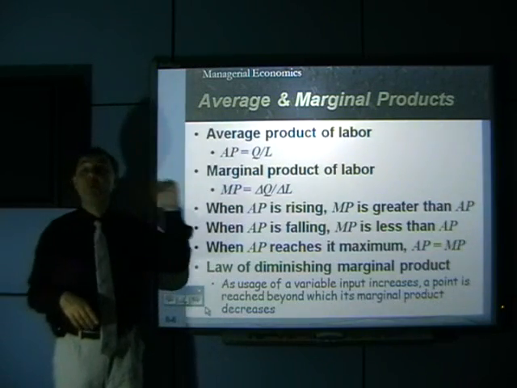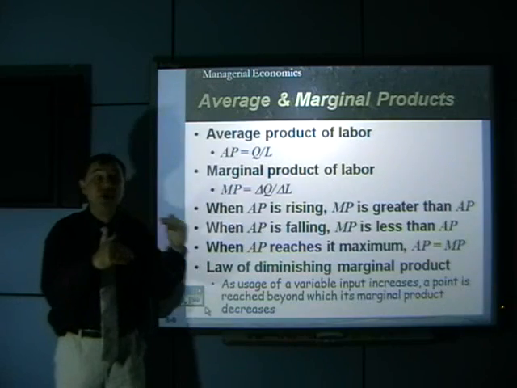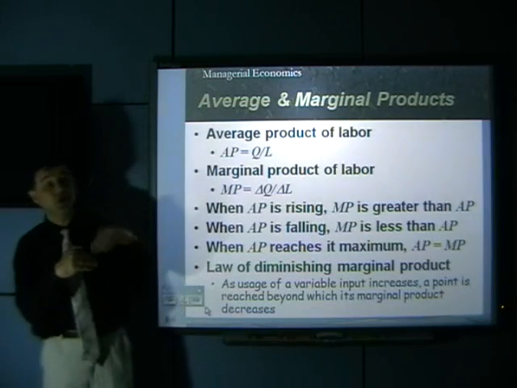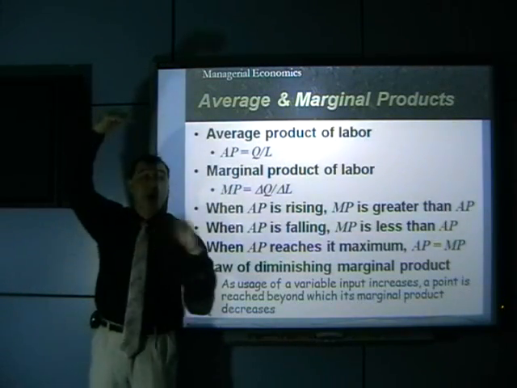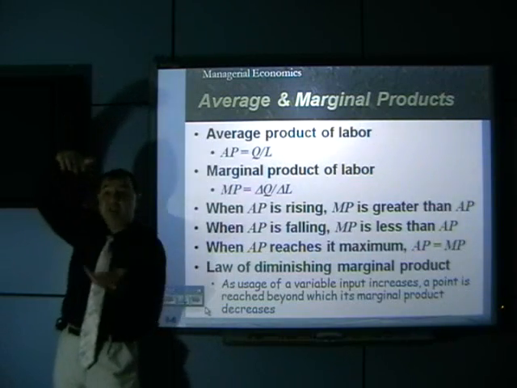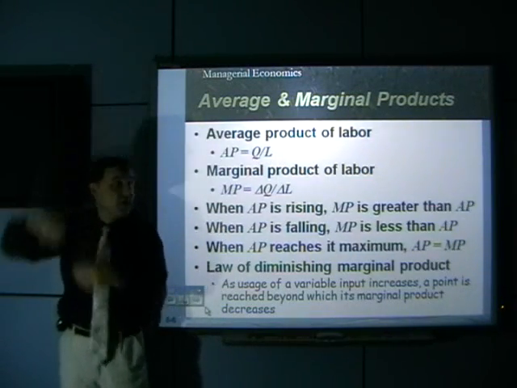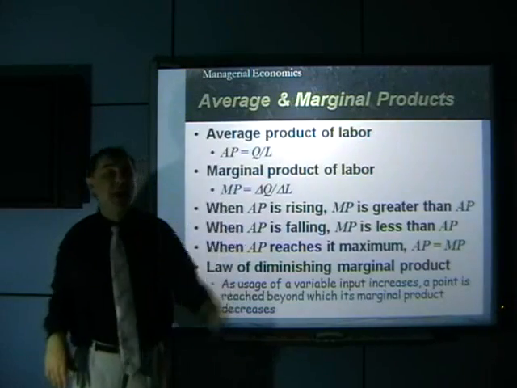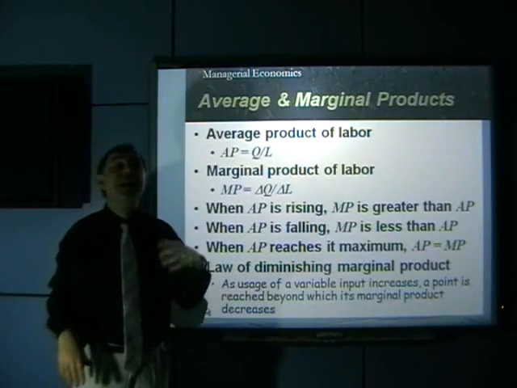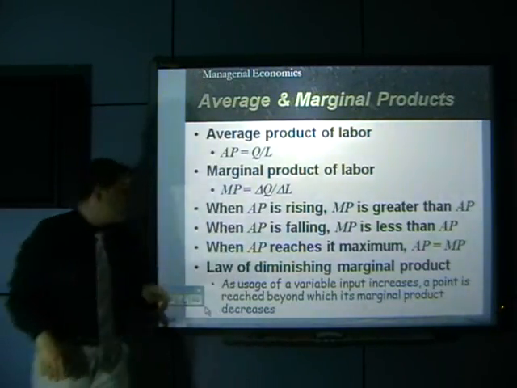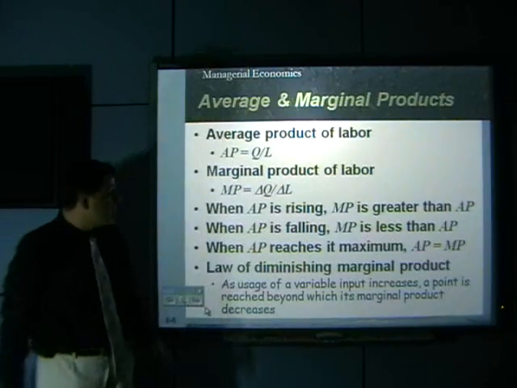So, if the marginal is below the average, it will drag the average lower. If the marginal is above, it will pull the average higher. Alright? That's a very elementary and basic relationship to always consider.